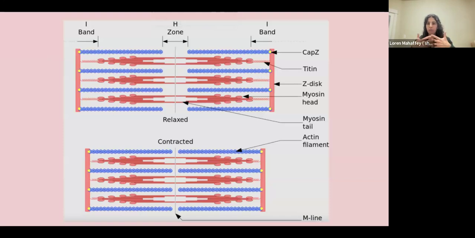And for this sliding to occur within the sarcomere, both calcium and ATP are converted into mechanical energy. So both of those molecules must be present, calcium and ATP.